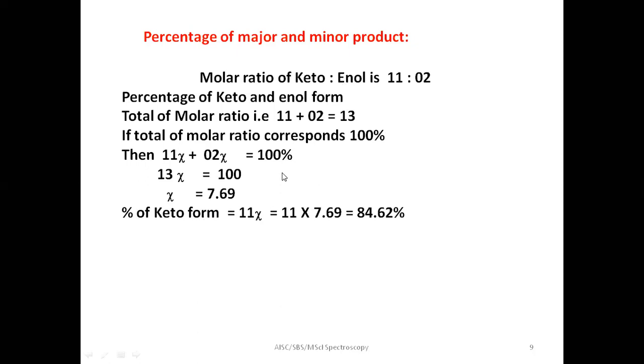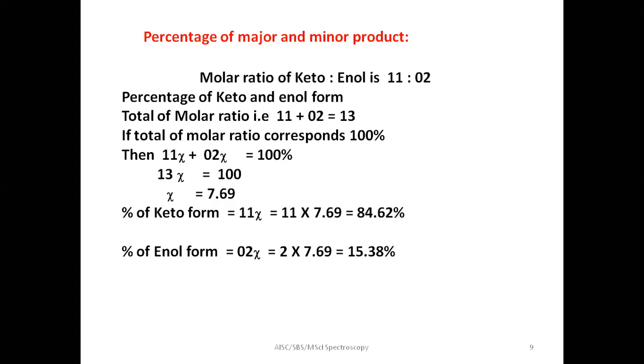It becomes 2x, and x is 7.69, so multiplying by 2 it becomes 15.38%. So the keto form is 84.62% and the enol form is 15.38% at 20 degrees Celsius. So you will observe that acetone at 20 degrees Celsius is nearly 85% in keto form and 15% in enol form. Okay, that is the answer.